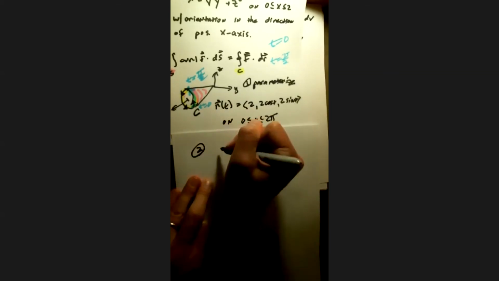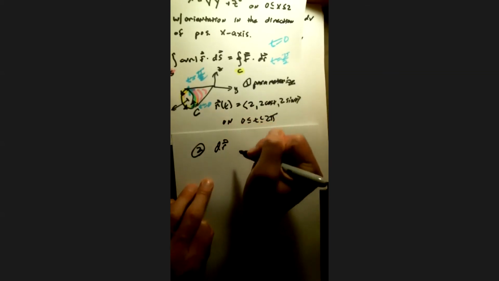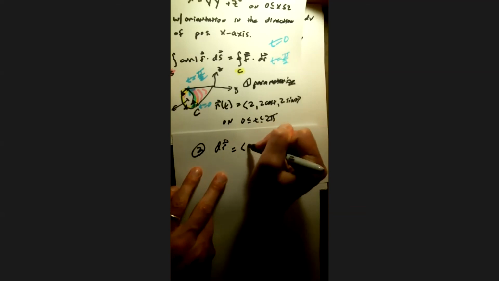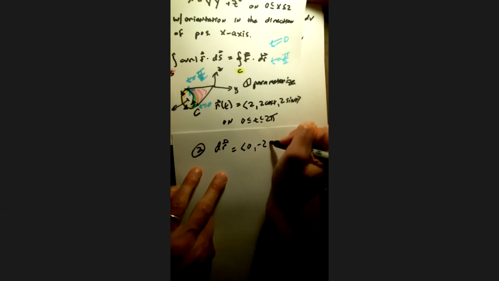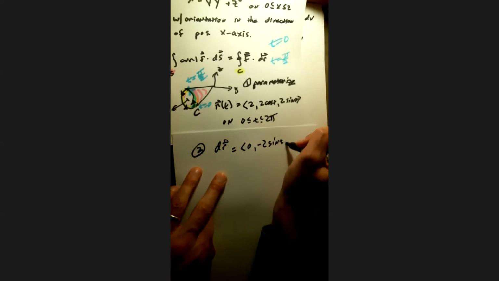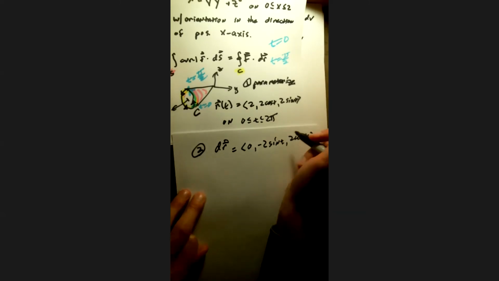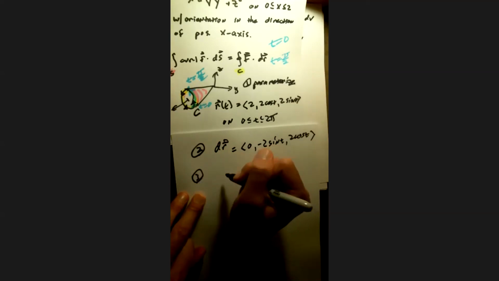So step 2 is to find dr. This will just be 0, comma, negative 2 sine t, comma, 2 cosine t. And then step 3, we can sub and integrate.